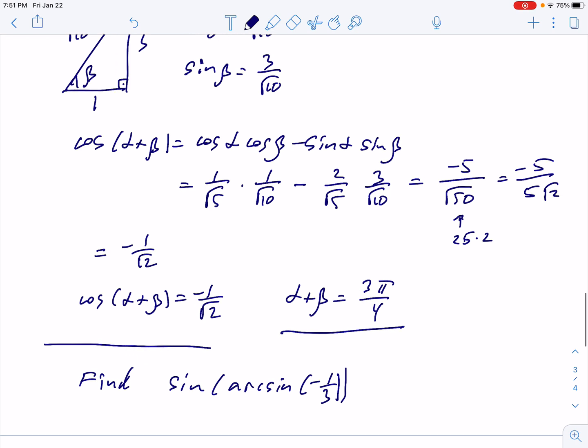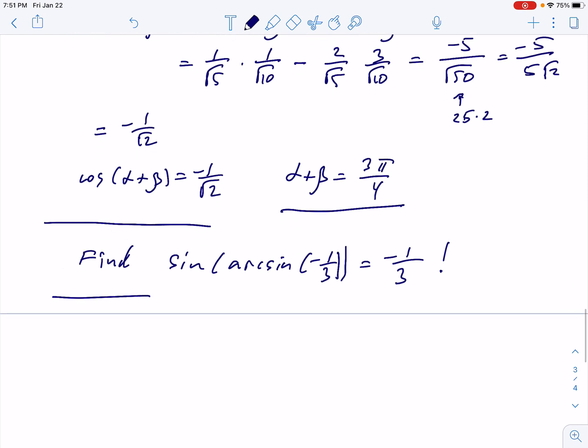Now we can use our basic identity. Because negative 1/3 is in the domain of arc sine, I can write immediately that this is negative 1/3. No hesitation. No need to do anything else.